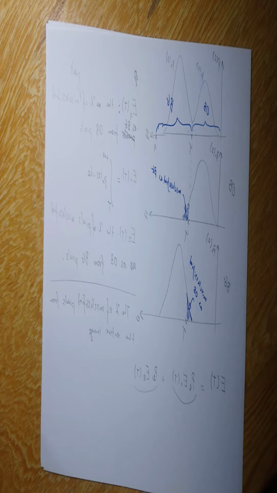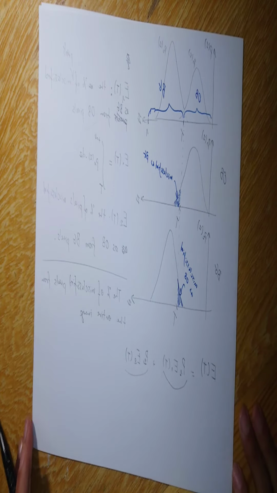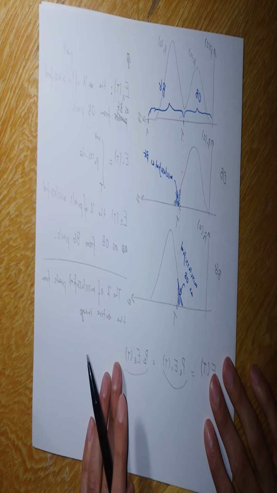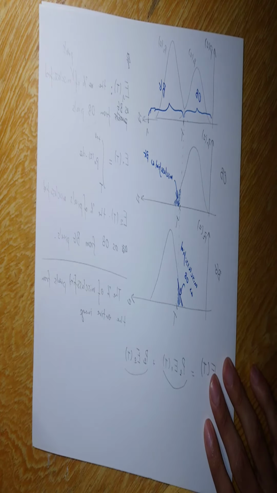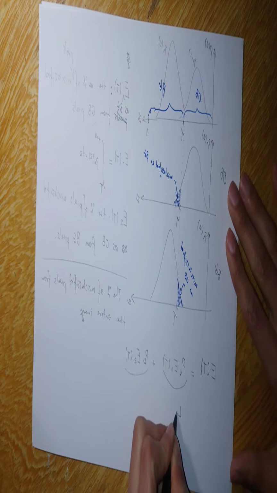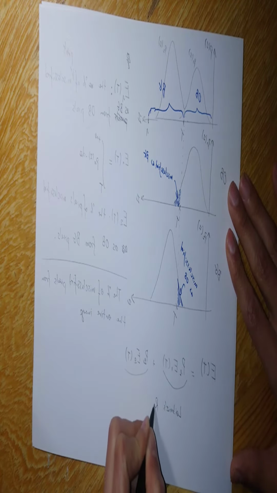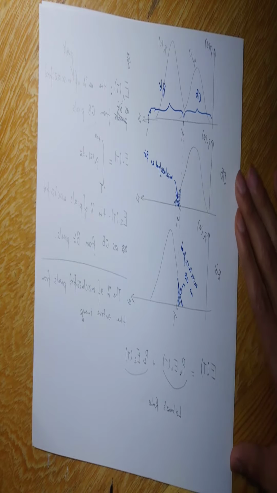Okay, so now what we need to do is to minimize this equation, and this can be done by a method called Leibniz's rule, which is based on differentiation.